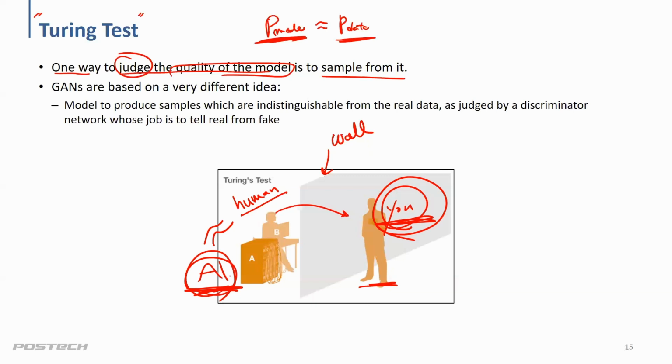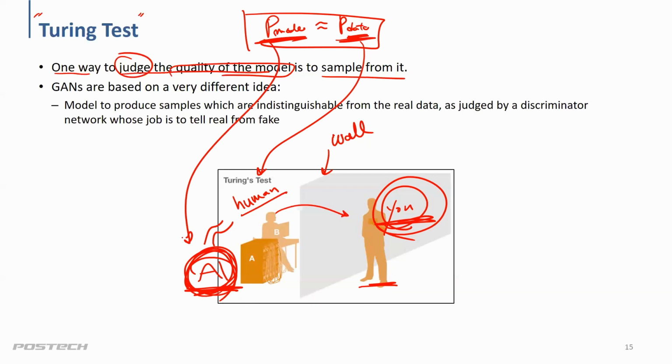The data over there is from humans and the model is from AI. We make the samples and tell whether this one is from the AI or from humans. If these two are indistinguishable, that means the AI has good performance, we can say that.